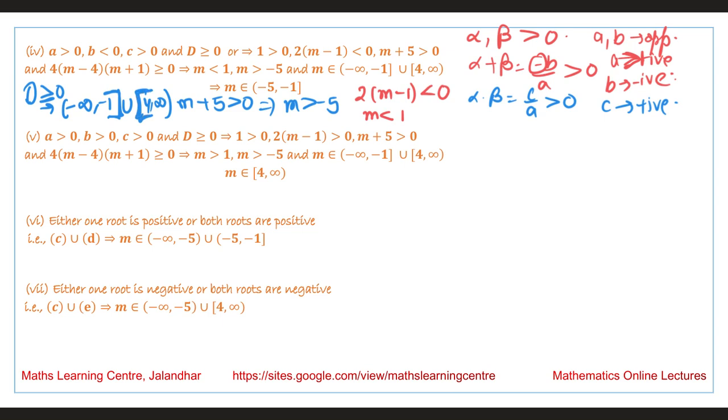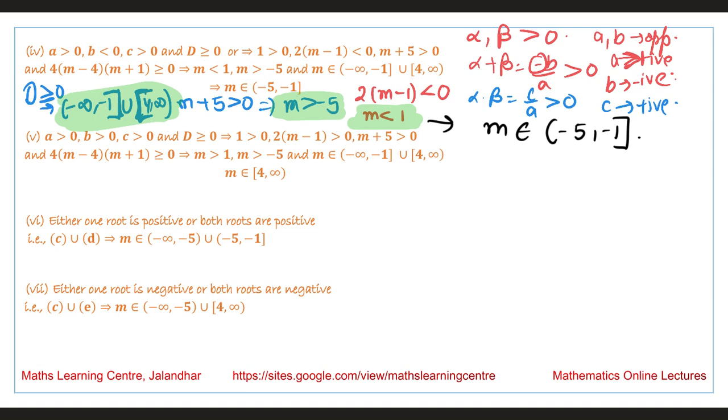So the common region to all these three, m is less than 1, m is greater than minus 5, and these regions, and the common region to all these values is m belongs to the interval minus 5 comma minus 1. So for these values the roots will be positive.